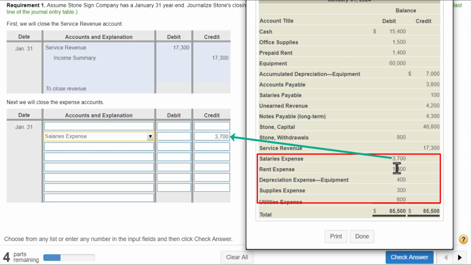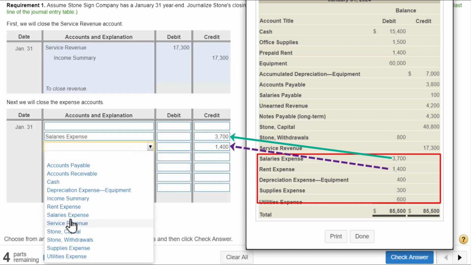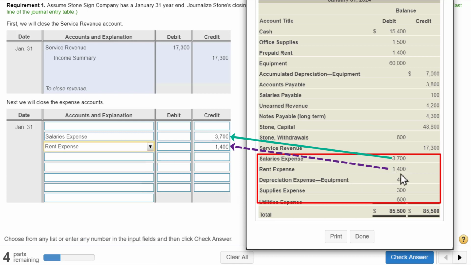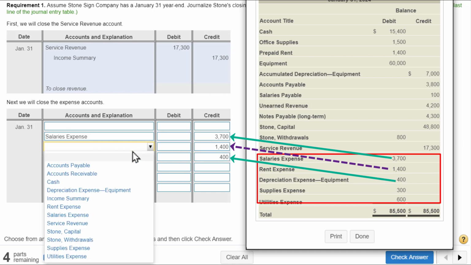And next I need to close the rent expense. How do I close an account with a debit balance? I'm going to credit it. So I'm going to credit rent expense. It is now closed. Next, we've got depreciation expense on the equipment. I'm going to credit that to close it.